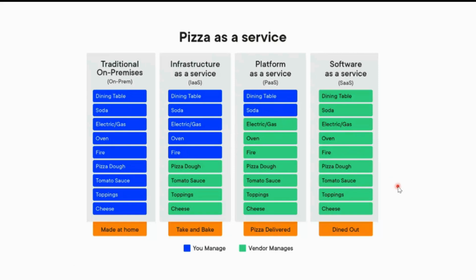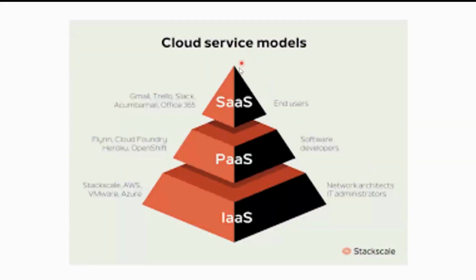So in the cloud service model, infrastructure as a service provides us with greater flexibility, and it is majorly for IT administrators and network architects, because the server maintenance and upgrades have to be managed by them.